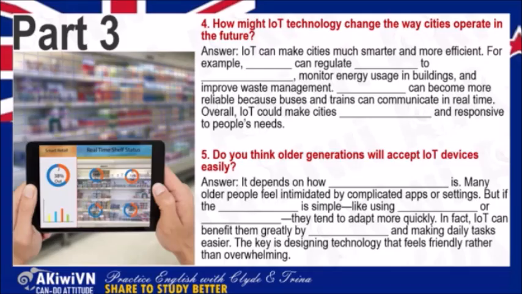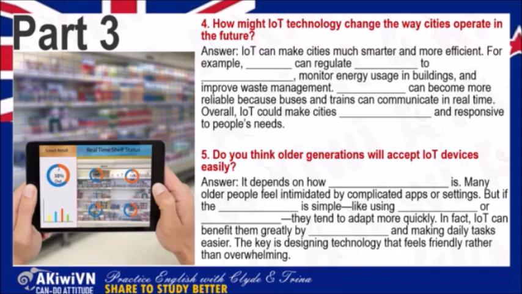For example, sensors can regulate traffic lights to reduce congestion, monitor energy usage in buildings, and improve waste management. Public transport can become more reliable because buses and trains can communicate in real time. Overall, IoT could make cities more sustainable and responsive to people's needs.